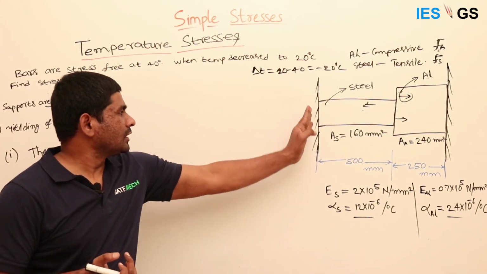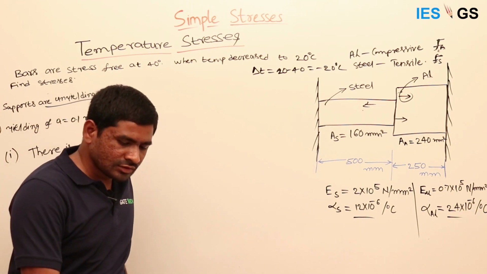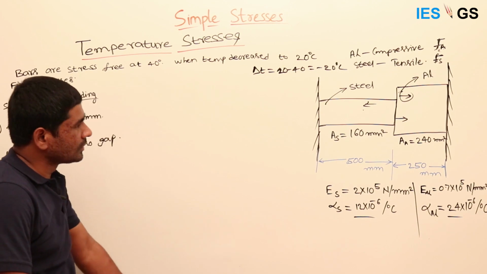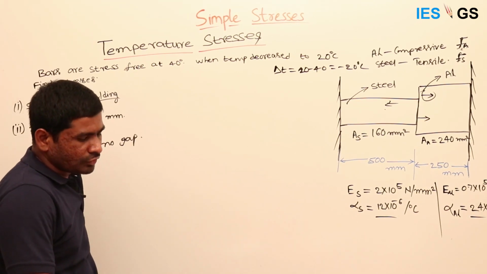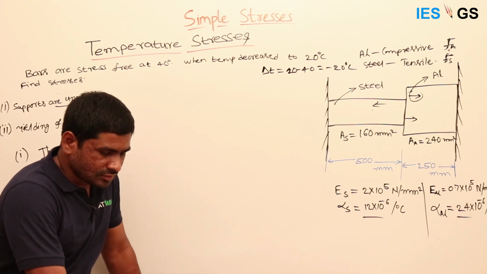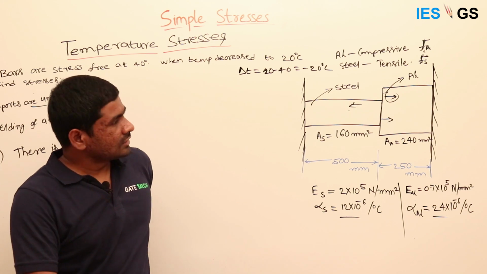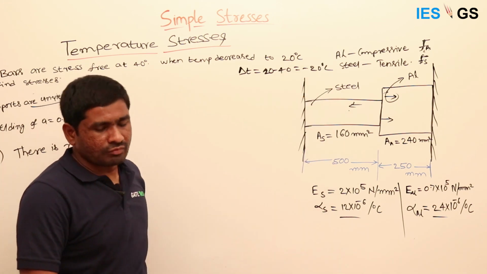They are trying to restrict their free contraction, and when they are trying to restrict, stresses are produced. And what are the stresses produced in this? There are two types of stresses. One is because of the thermal change, another one is because of the forces.